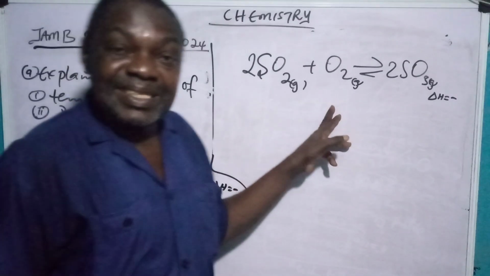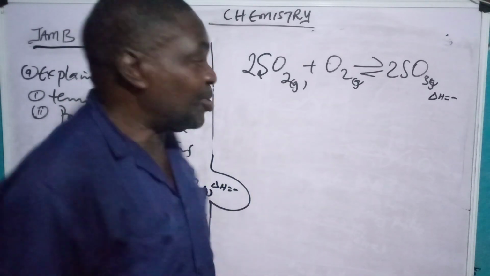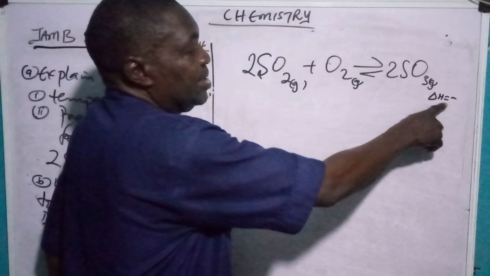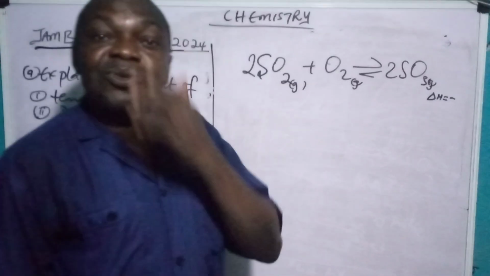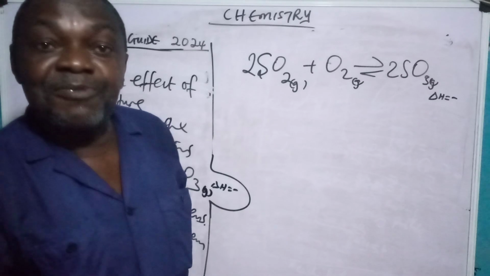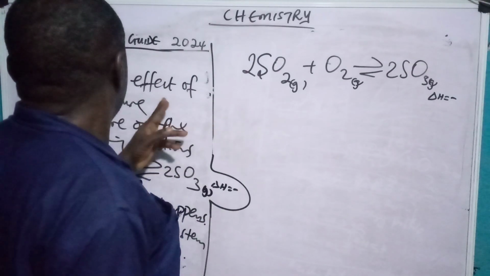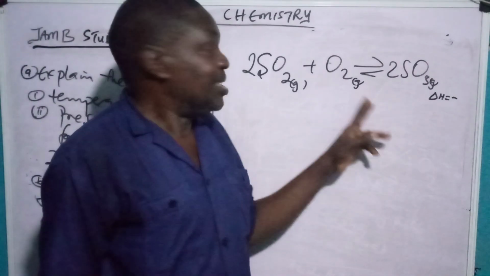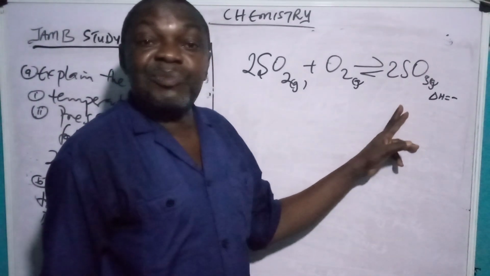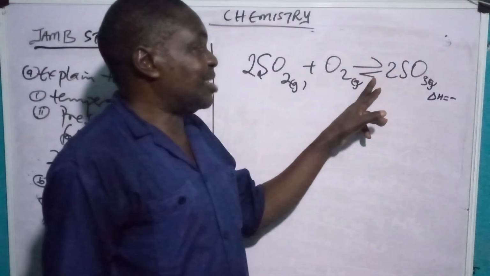But in this regard, that is not what they are looking for. Once you see temperature, go straight to this place. Delta H is negative. A reaction that is already giving out heat does not require an increase in temperature. They will tell you to explain how it affects the equilibrium mixture or equilibrium reaction, whichever way, because the system is already in equilibrium.